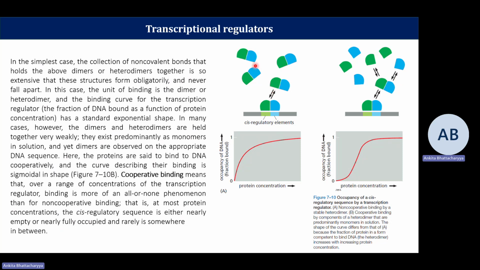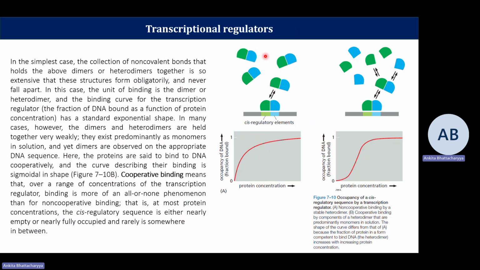You will see that there's a possibility that there can be very rapid exchange or interchange of these different states. So why are we so worried about this? If you look here, non-cooperative binding by a stable heterodimer, that's what the legend says.